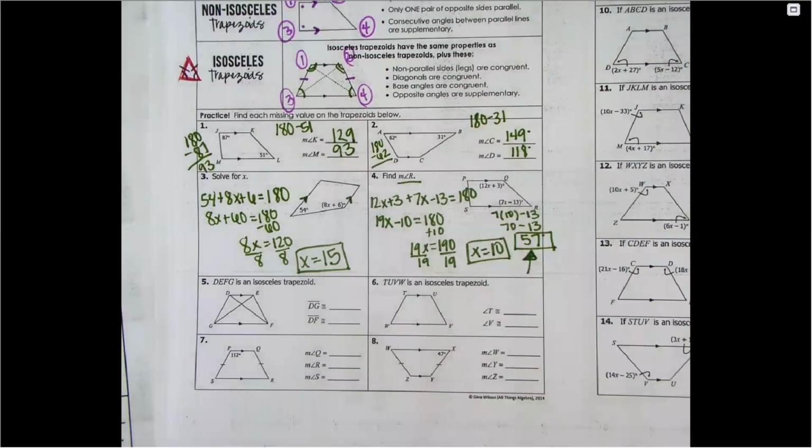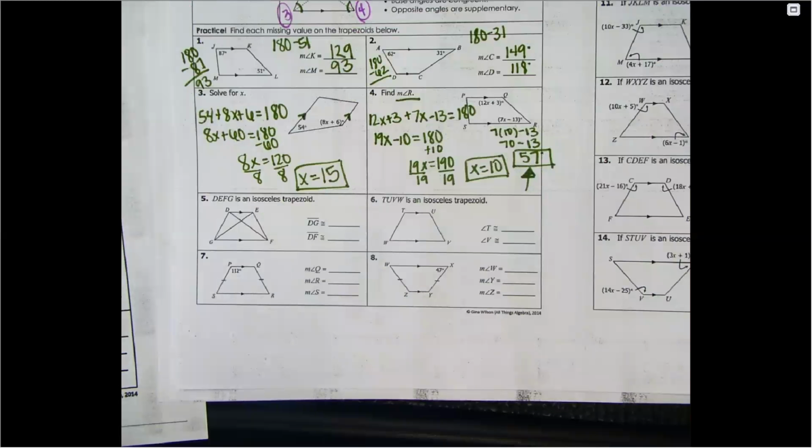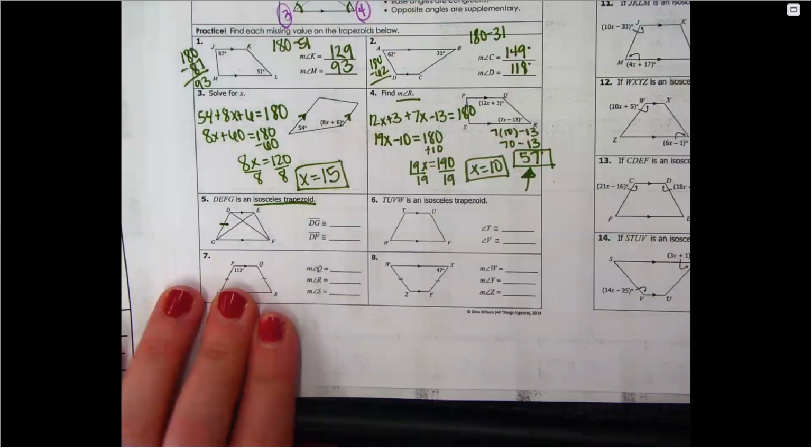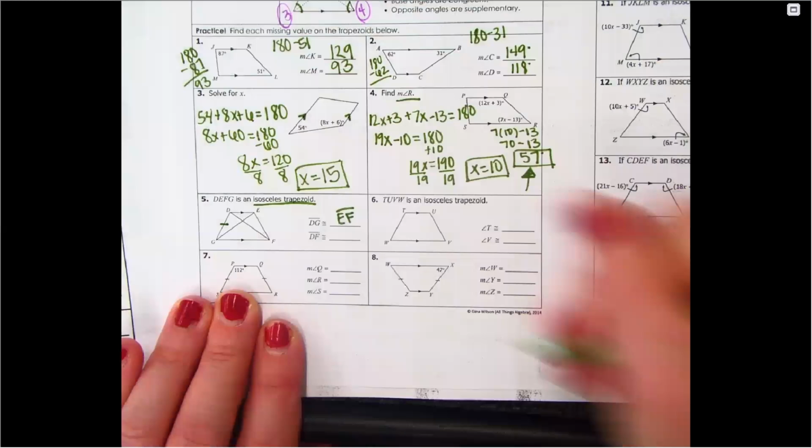All right, number 5. On number 5, now this one states it is an isosceles trapezoid. So just like with an isosceles triangle, you never assume. You're either looking for the hash marks that show that it's congruent or they state it. So they've stated it, they told us it's isosceles, so now we can identify the congruent parts. Who is congruent to DG? EF. Okay, those two are congruent.